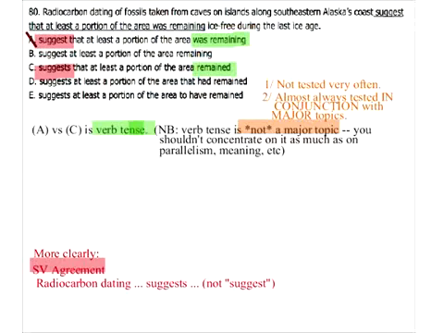Was remaining, this is the kind of tense that's used. This tense is used for something that was going on when something else happened.